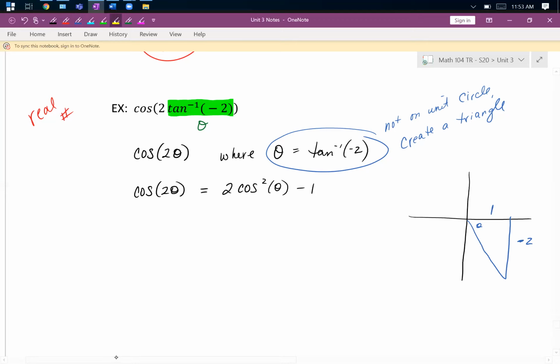And what we need to find is 2 times cosine squared minus 1, and we're going to get the cosine from this triangle.